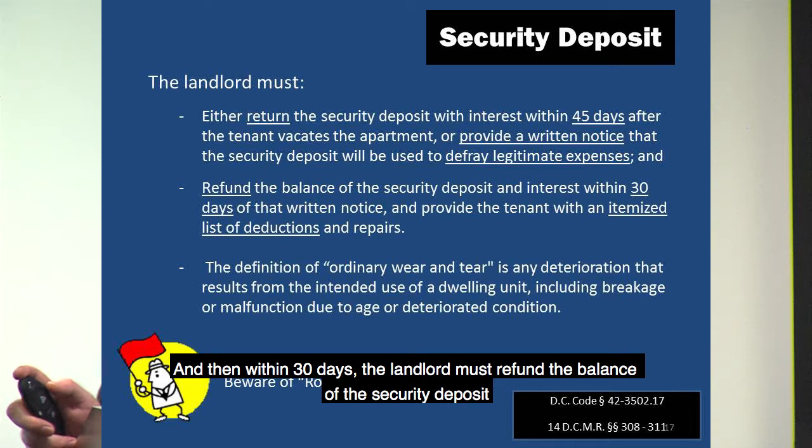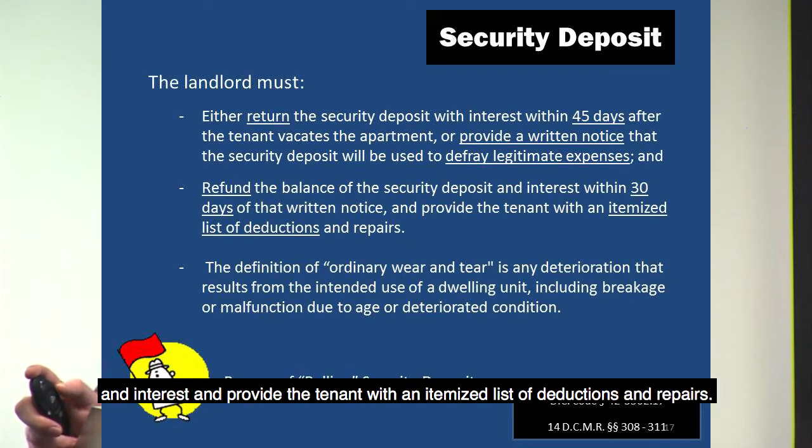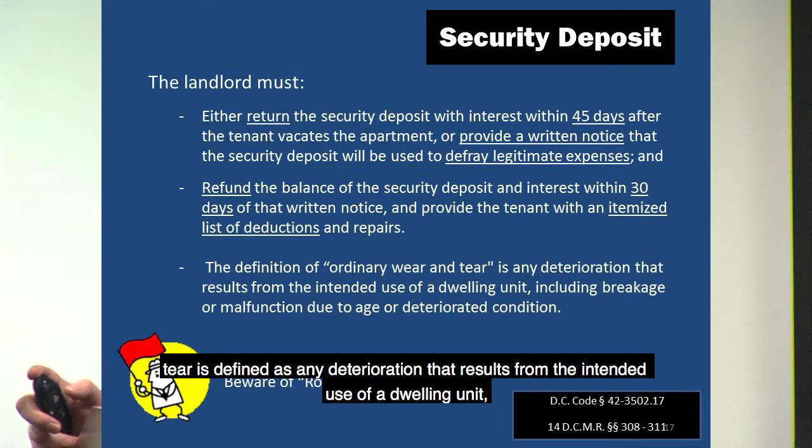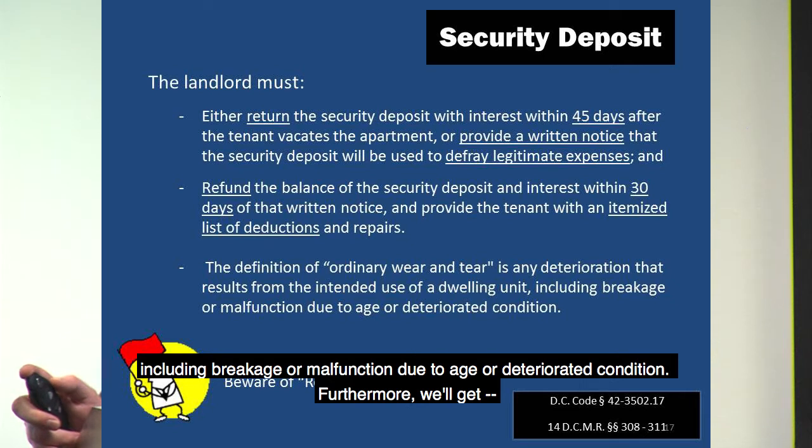And then, within 30 days, the landlord must refund the balance of the security deposit and interest, and provide the tenant with an itemized list of deductions and repairs. It is not legitimate to deduct for anything that was ordinary wear and tear. Ordinary wear and tear is defined as any deterioration that results from the intended use of a dwelling unit, including breakage or malfunction due to age or deteriorated condition.